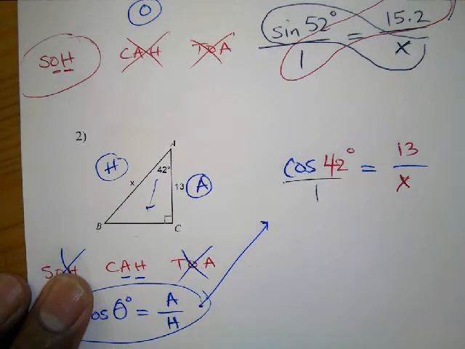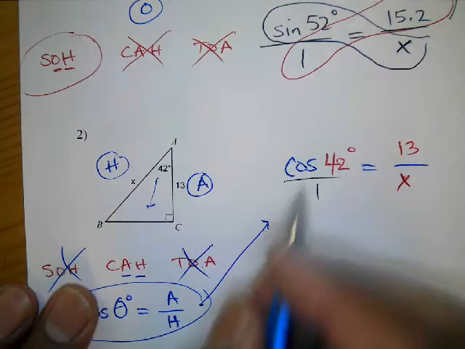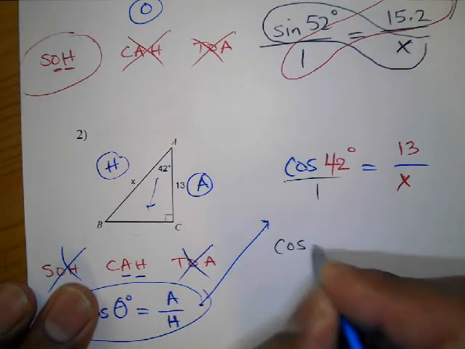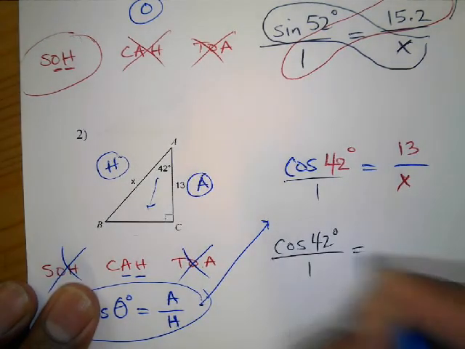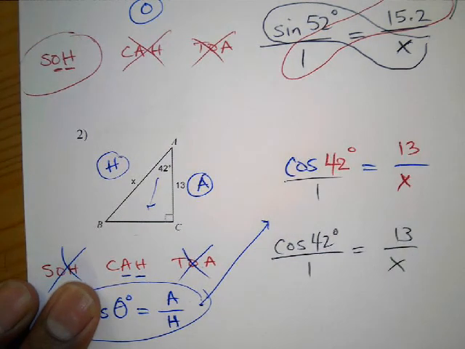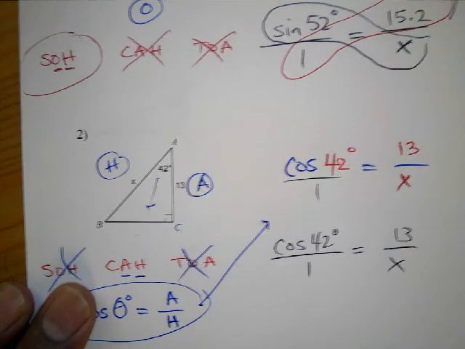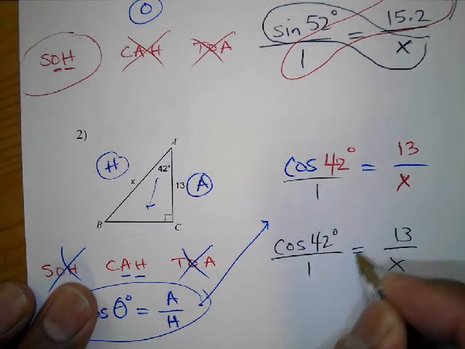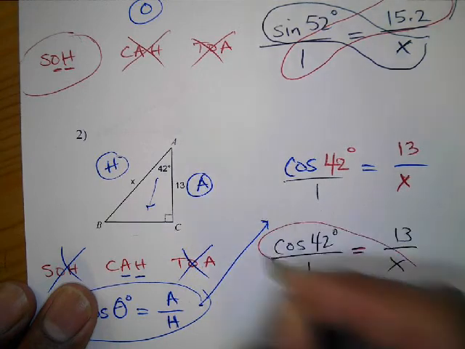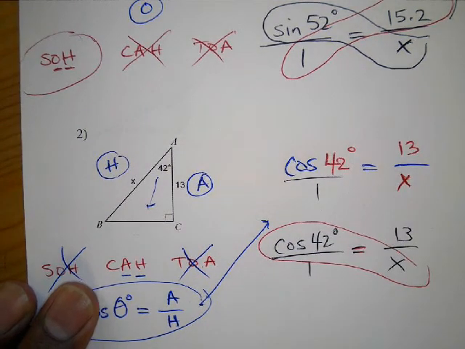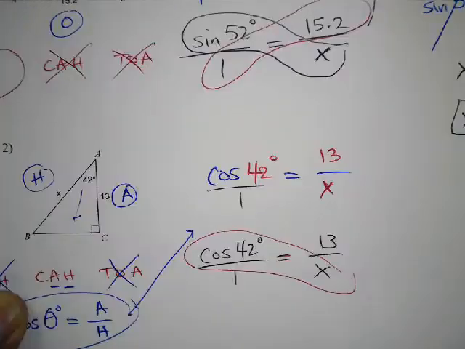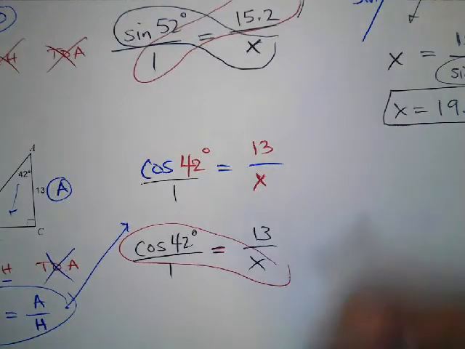And then we make this look like a proportion, right? I just put a 1 under there. Now it looks like a proportion. I got a fraction equal to a fraction. Let's solve this. Cosine of 42 over 1 is equal to 13 over x. How do we do this? Remember, I always look where the variable is and I start there. Variable's right here. Well, that's going to be what?